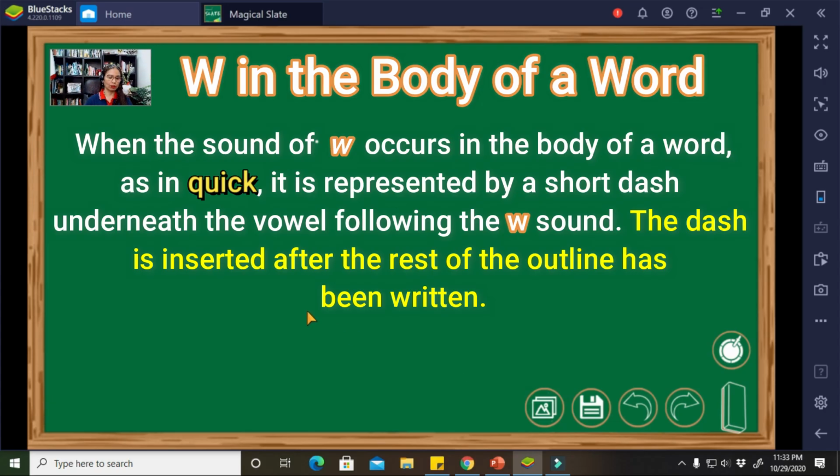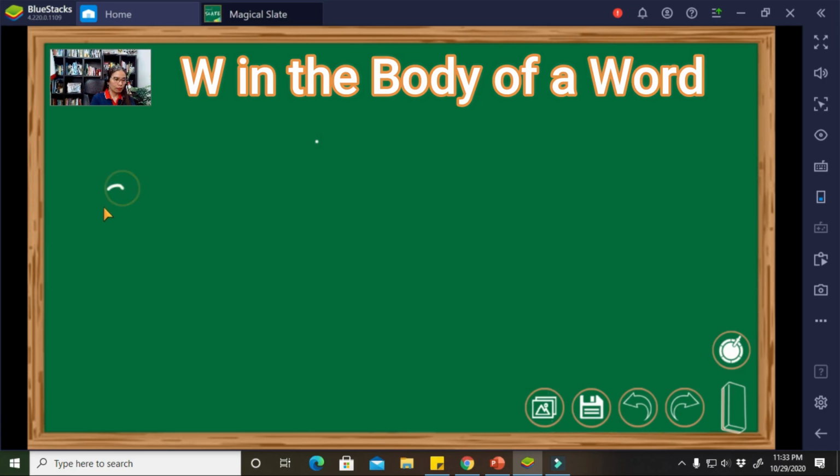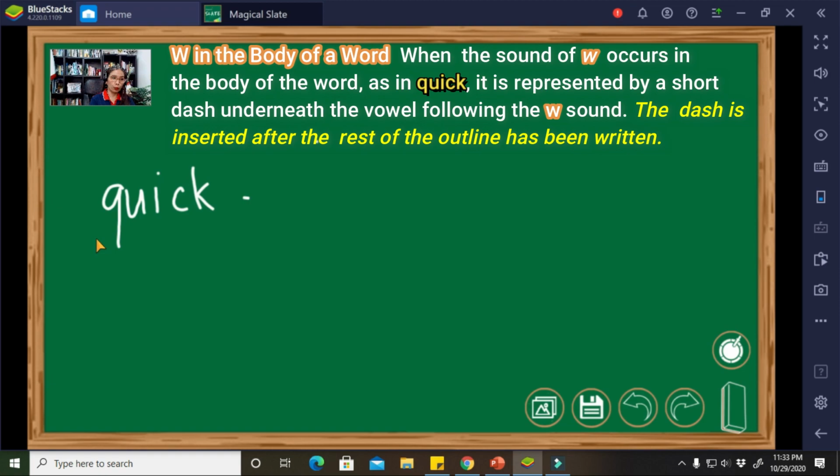Okay, so example here. The word is quick. There is a W sound in the body of the word quick. So according to the rule, we have to put a dash underneath the vowel following the W sound.